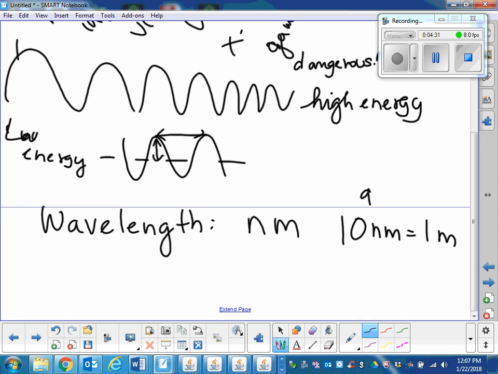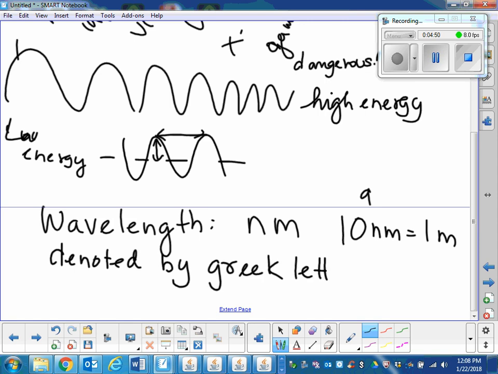Wavelength is also denoted by the Greek letter lambda. That's how you denote wavelength. Just given the symbol.